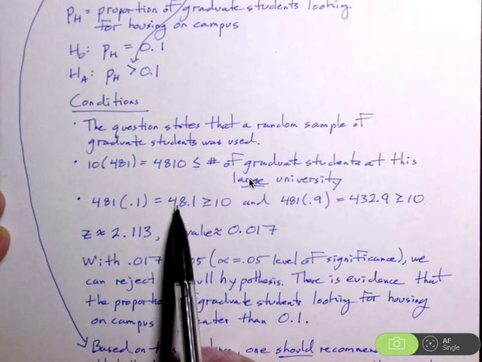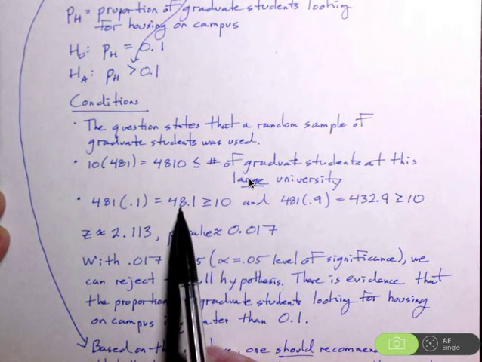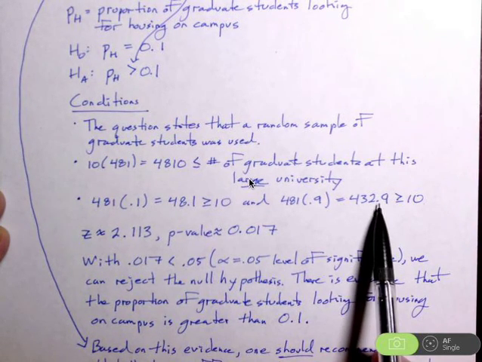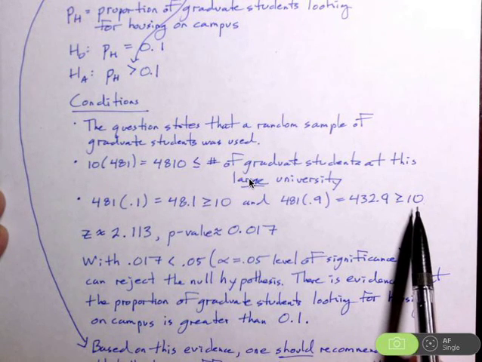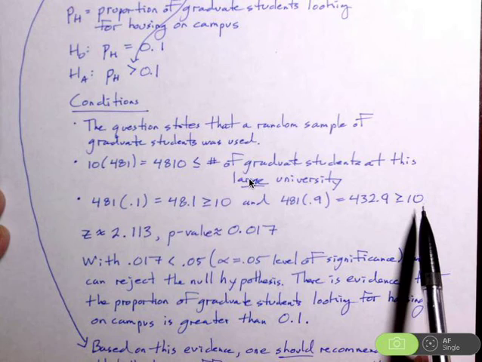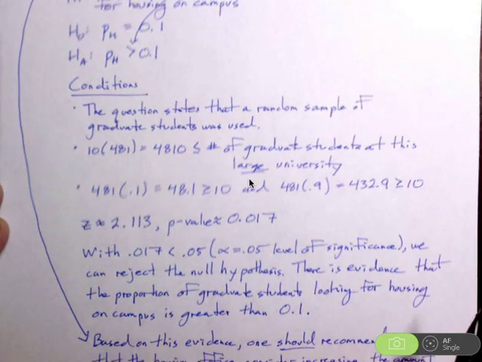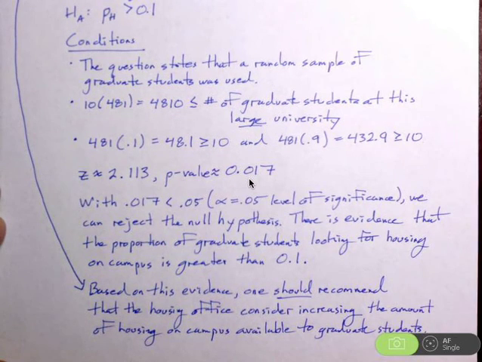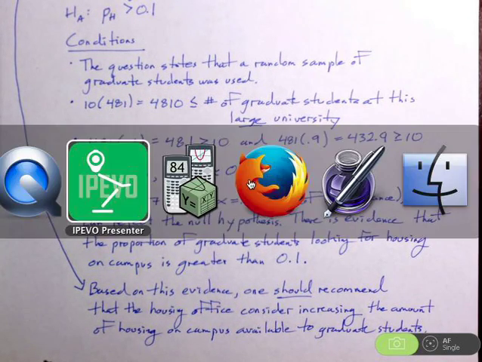In both cases, if you calculate that, 48.1 and 432.9, they're both easily greater than or equal to 10. So our approximately normal sampling distribution for our p-hats has been verified. Now it's just a matter of finding the z-score and the p-value and interpreting what we get.